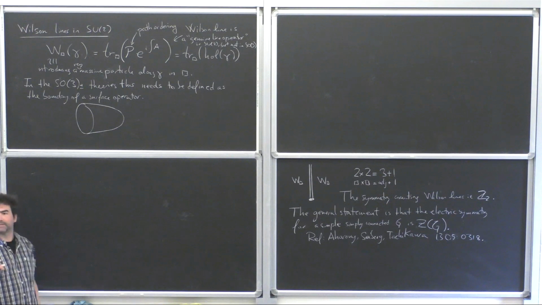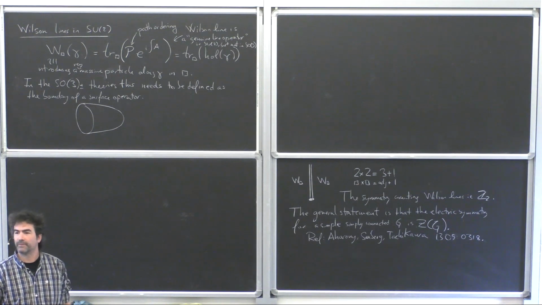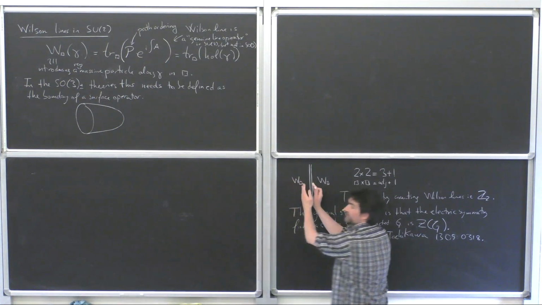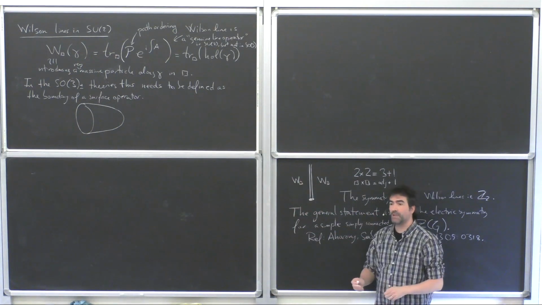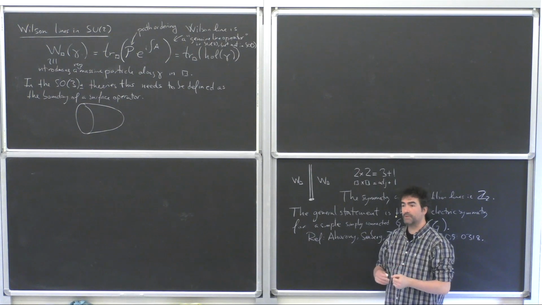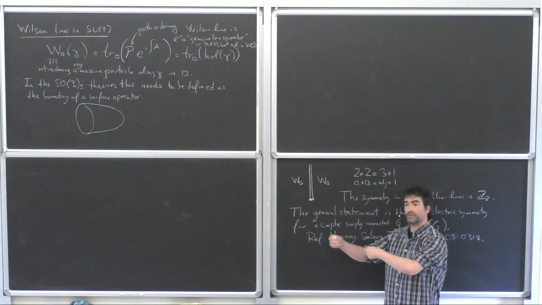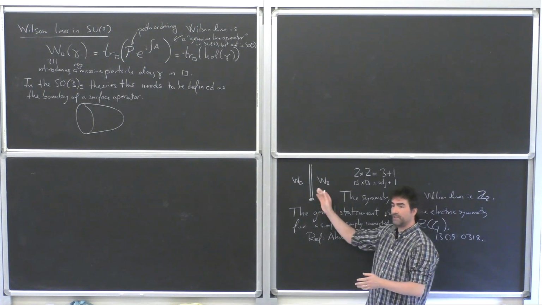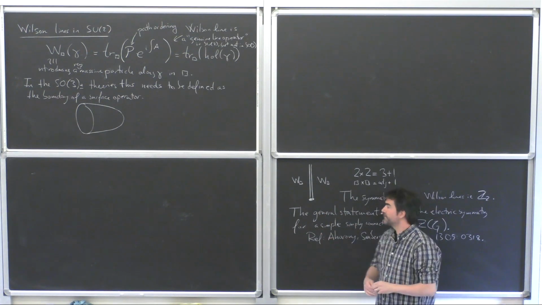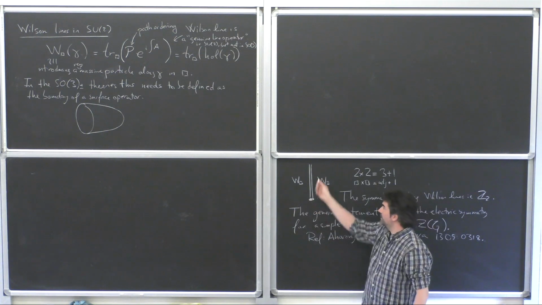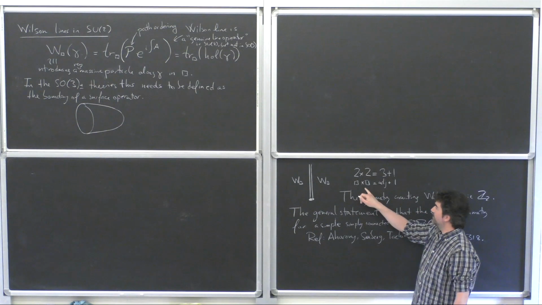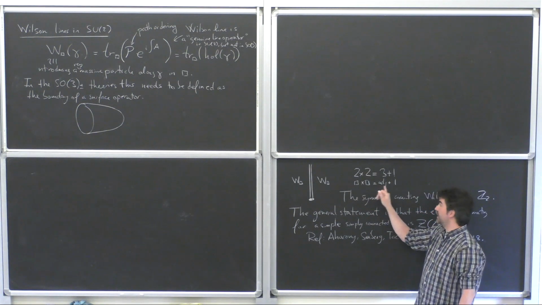Yeah, if I put two Wilson lines in the fundamental, so the first thing I should say, any representation in SU2, I can obtain by taking tensor products of fundamental representations. So by stacking these Wilson lines, I can construct any other Wilson line, basically. Now, if I have two of these Wilson lines, then in their tensor product, there's adjoints and singlets.